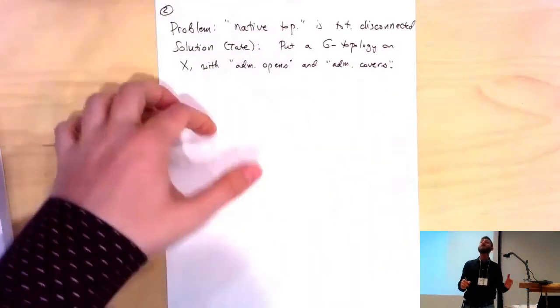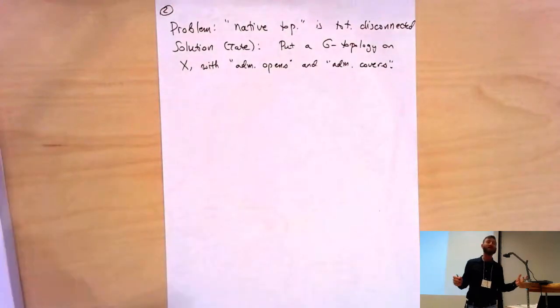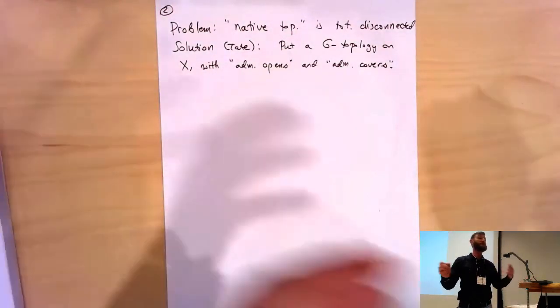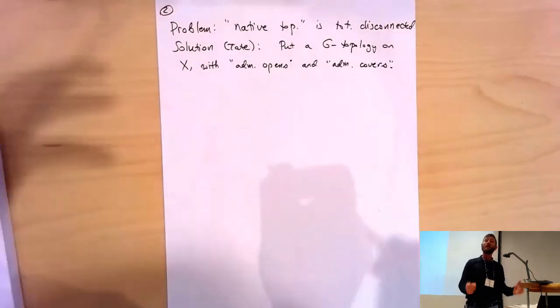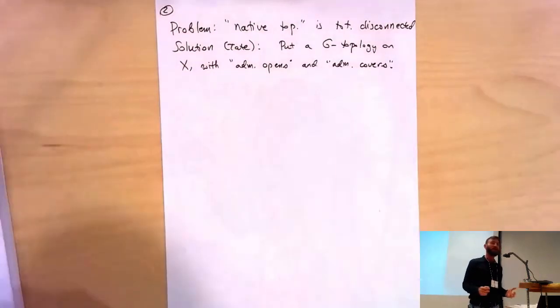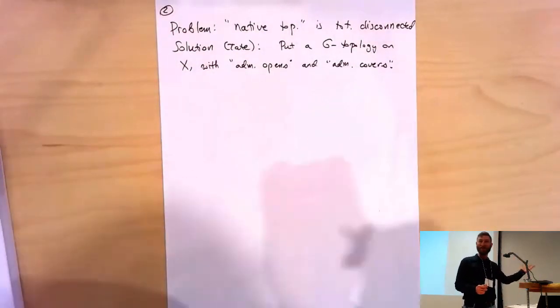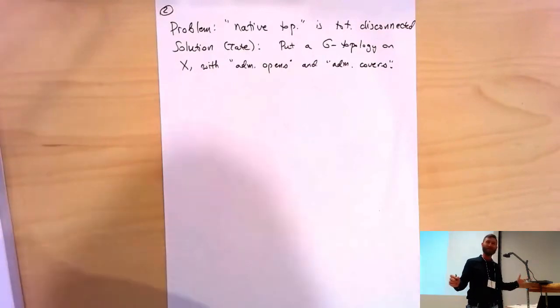So it's some kind of restriction on what kinds of opens in this set X there are and what kinds of collections of opens constitute a cover. And I'm not going to go over this. You can check the 2007 Arizona Winter School notes or many texts on the subject.